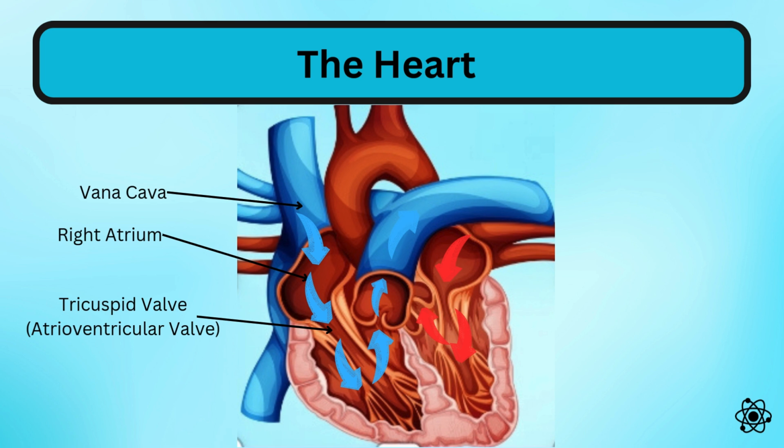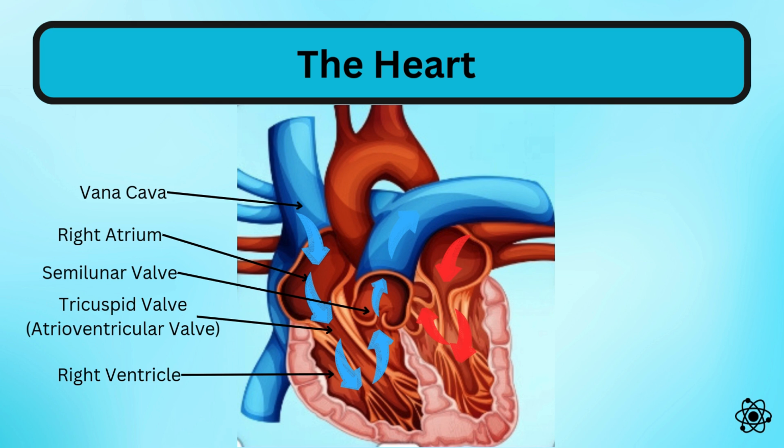Once the right atrium is filled with blood, the heart muscles of the right atrium contract and the blood is pushed through the tricuspid valve into the right ventricle. This is the right ventricle, the next chamber of the heart. This is the semilunar valve. It prevents the blood flowing backwards into the heart.